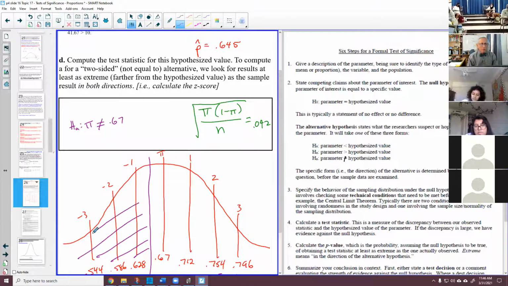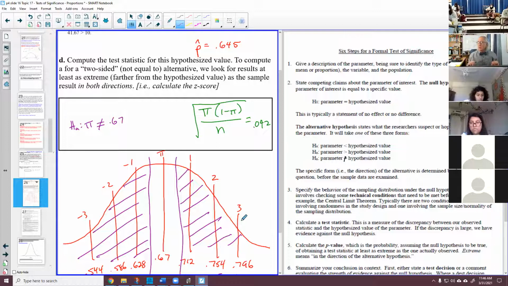My p-value, the probability that I would get something like this randomly, is actually the shaded area on both sides of the mean, not just the one greater than, not just the one less than. I'm saying that it is not equal to, so I have to cover both sides.